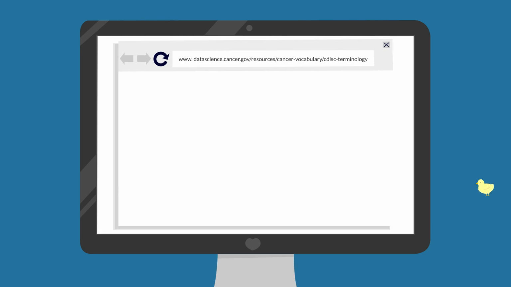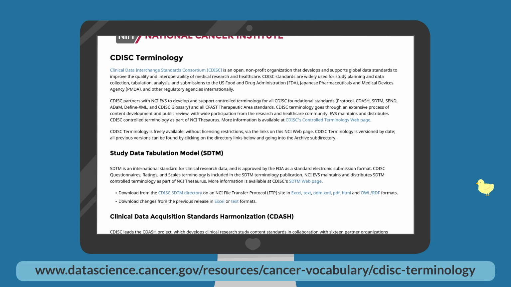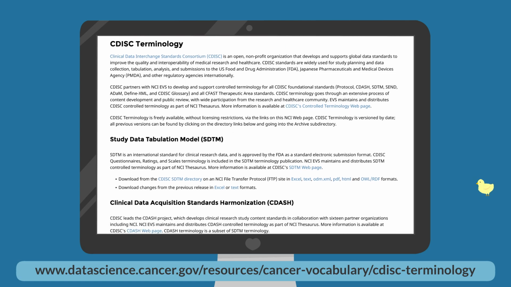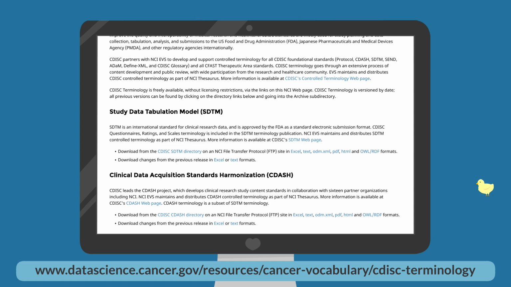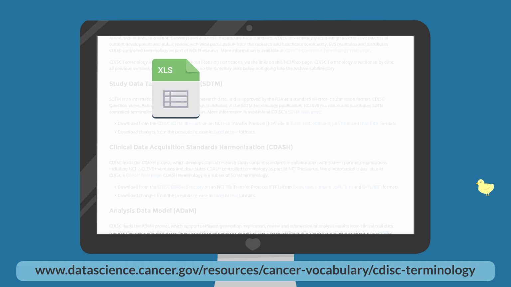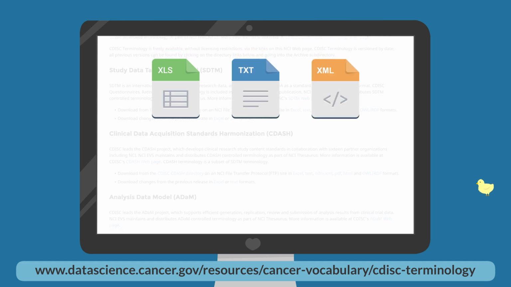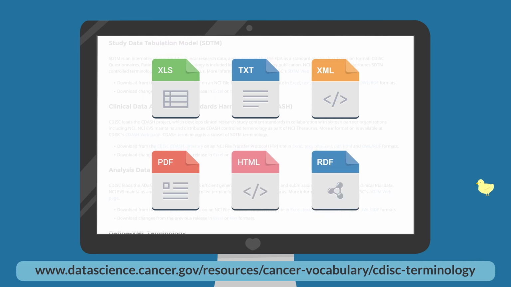NCI EVS maintains and distributes CDISC controlled terminology as part of the NCI Thesaurus. The full set of CDISC controlled terminology is published quarterly and is available in multiple formats, including Excel, text, ODM.XML, PDF, HTML, and OWL RDF.